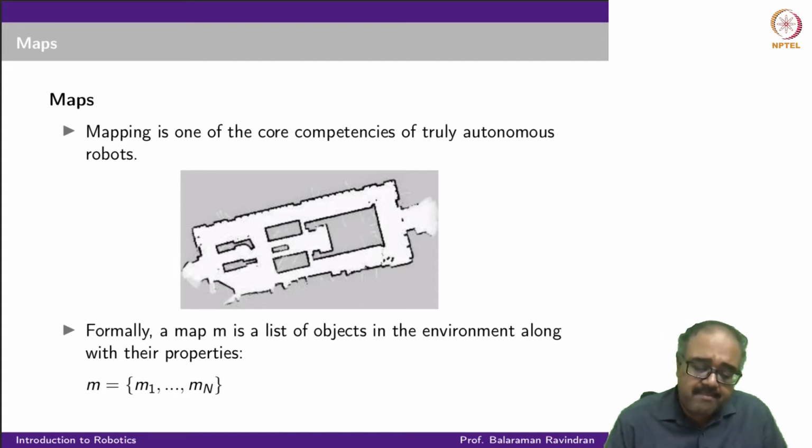But in the case of mapping, we are literally looking at so many different locations. If you're operating in a continuous space, then you are really looking at being able to represent this continuous workspace in some kind of an abstract form. So to make the job easier, think of this as more of a discrete estimation problem. We move it down into this kind of a list of objects and their properties.